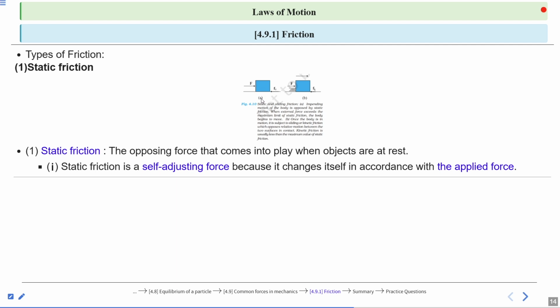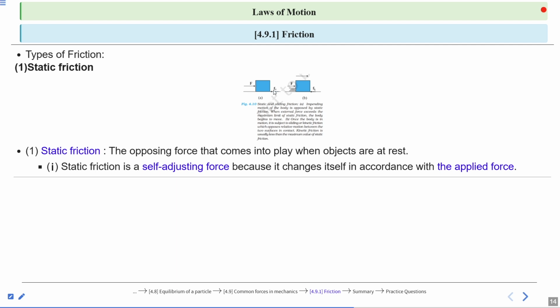That's because static friction is holding it in place. You apply force in the forward direction and the static friction acts in the opposite direction, backward.